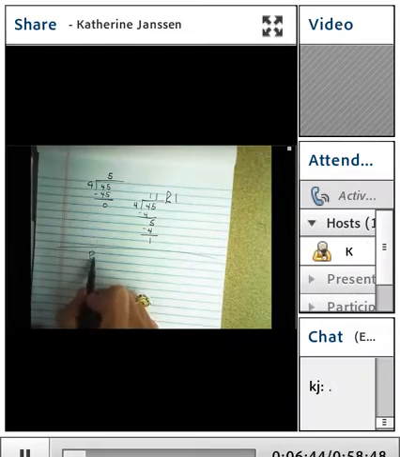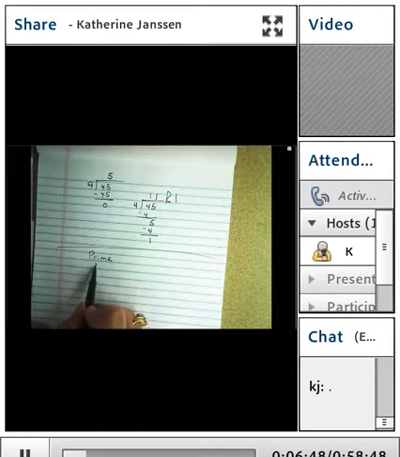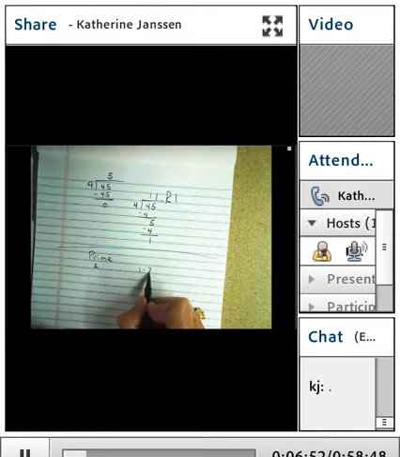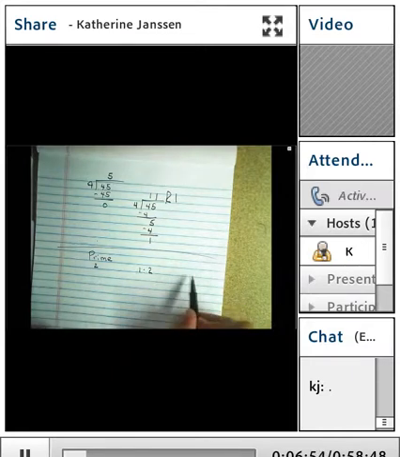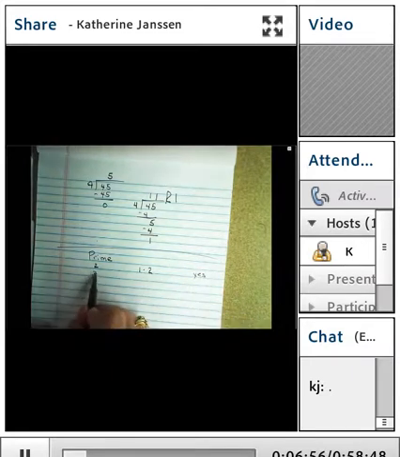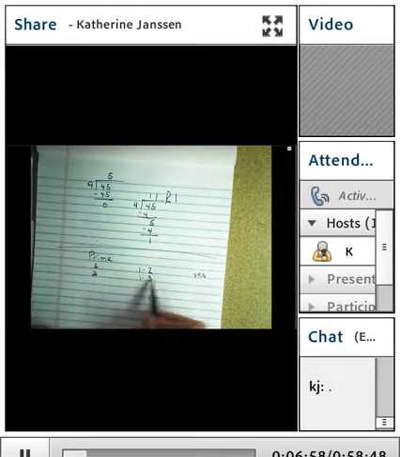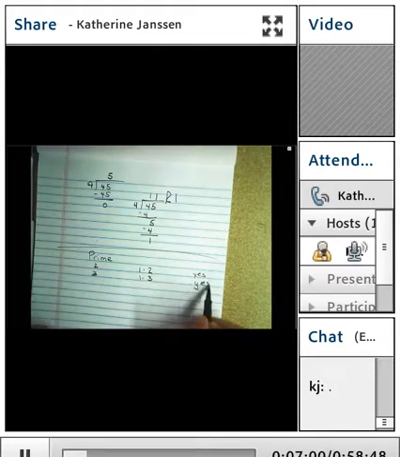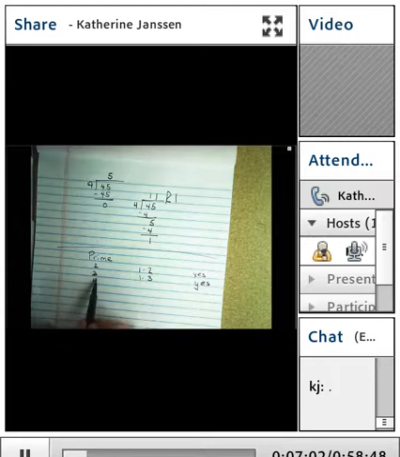So prime numbers. 2. Well, 2 has 1 times itself, and those are the only factors, so yes, it's prime. 3 has 1 times 3, only those two factors, so yes, it's prime. 4, oh dear, we have 1 and 2 times 2 and 4, the number itself.